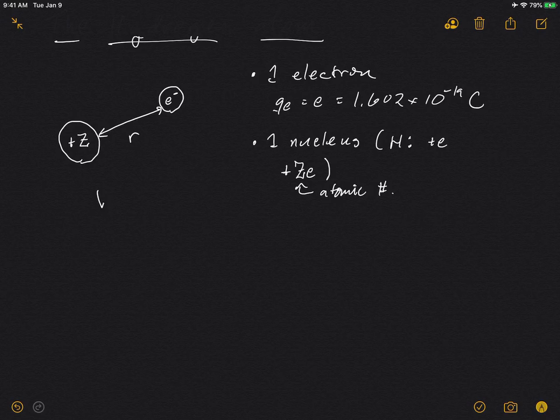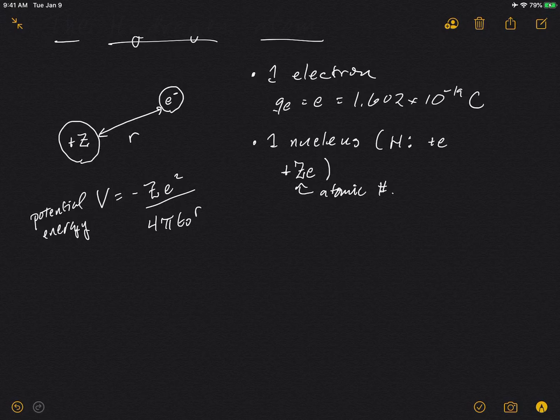Then our potential energy, V, which again represents the forces in the system, is given by minus Z E squared, where again Z is that atomic number, over 4 pi epsilon naught r.